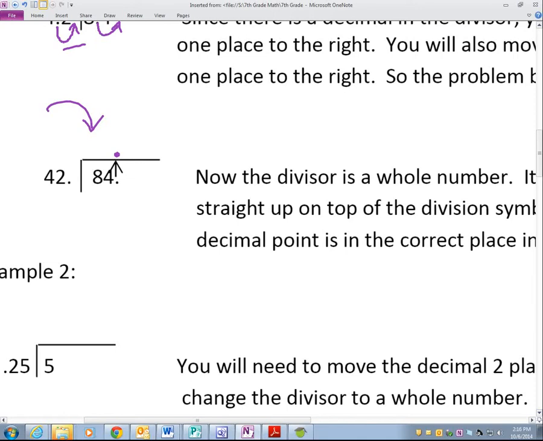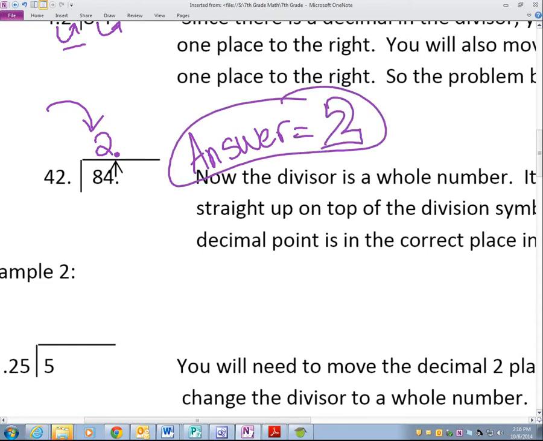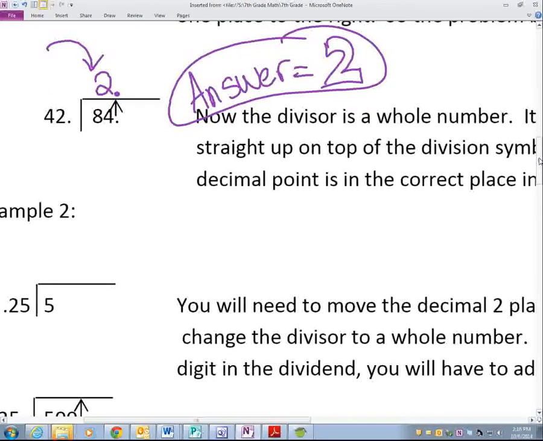I hope you would. 84 divided by 42 is just 2. Okay? So the answer is 2. Sure, 2.0. You can have it be 2.0000000 if you want to. You can go on forever.